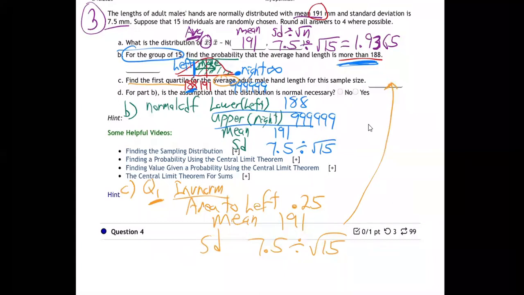Finally, lastly, we've got part D. What's the story for part D there? It says, is the assumption that the distribution is normal necessary? Is that a necessary assumption? What's our answer to that question?